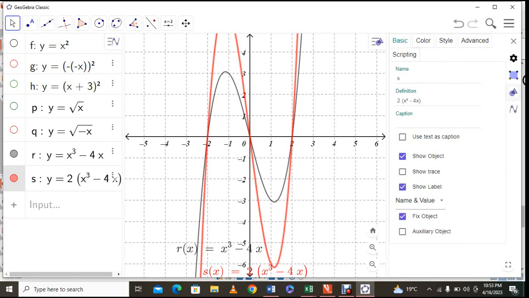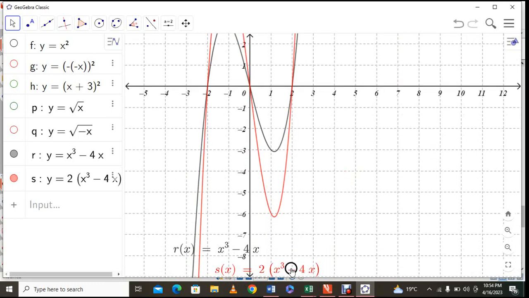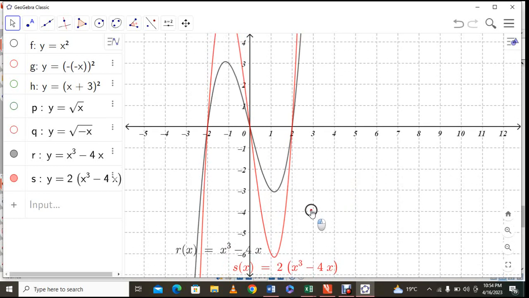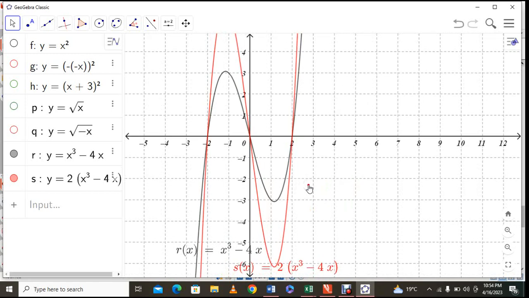All right, there we go. So the one in red is now identifying that particular case. The one in red, we have a 2, right? So it stretches the whole thing in the y direction.